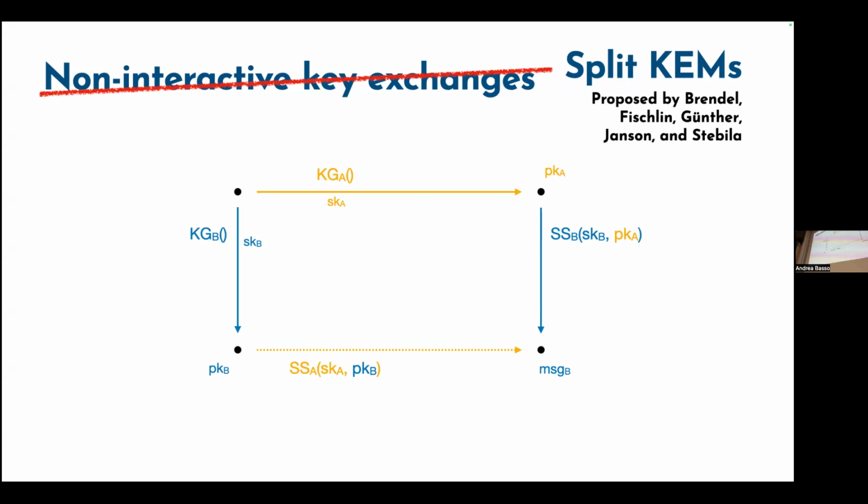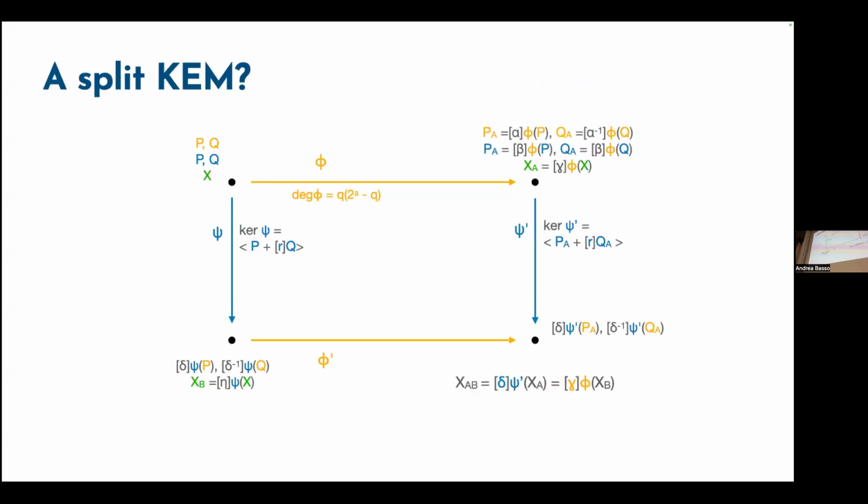So far, this is not very different, but the main difference is that the shared secret algorithm that the first party runs now doesn't only take into consideration the public key B, but also this new message. So we allow one extra round of communication, and this is actually great because this is exactly the situation we're in. So we can hope that the PKE that we just saw gives us a split KEM, and then we're good.